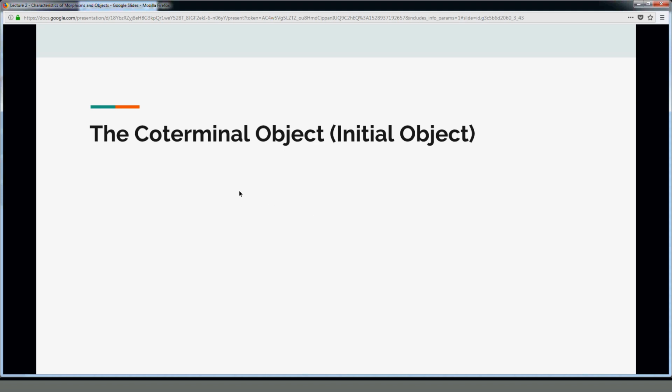So obviously the dual of the terminal object is the co-terminal object. It's more commonly called the initial object, but it can be kind of hard to remember with these definitions which is the non-co and which is the co version, but they relate to each other. So I'm calling this the terminal object rather than calling it the initial object and the other the co-initial object.